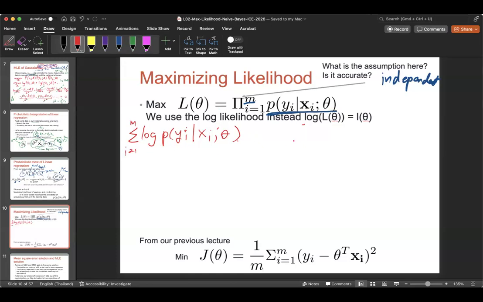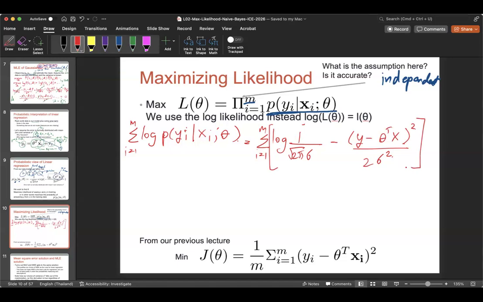If we plug in the Gaussian distribution, taking the log of the Gaussian gives you something like this.